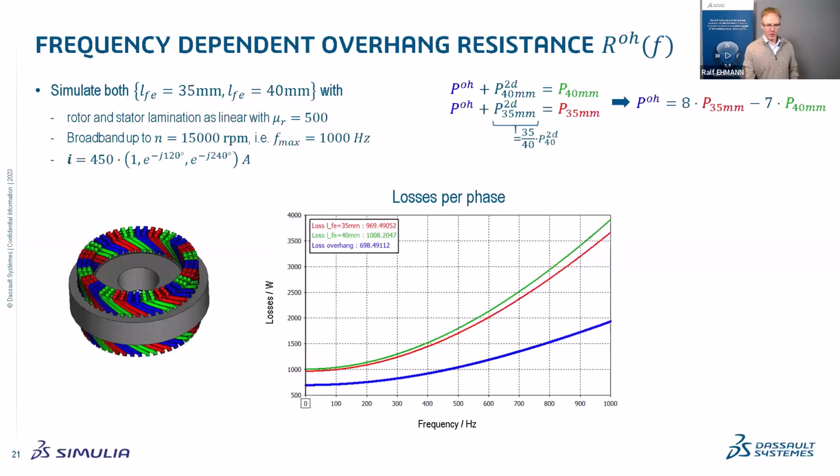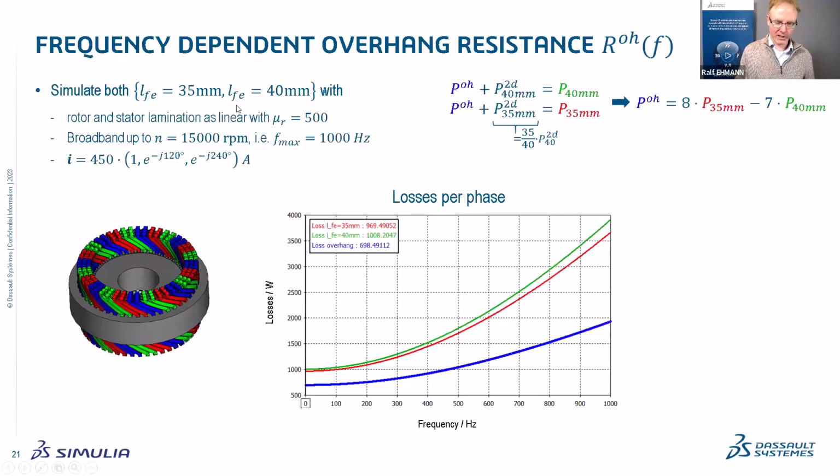So, what we do here is we use frequency domain. Saturation and magnets are not so important when looking at resistance. The dominant effect here is the currents flowing in nearby conductors, and this can be completely analyzed in frequency domain. So we take again our 40 millimeter, which we know is long enough, as a baseline.